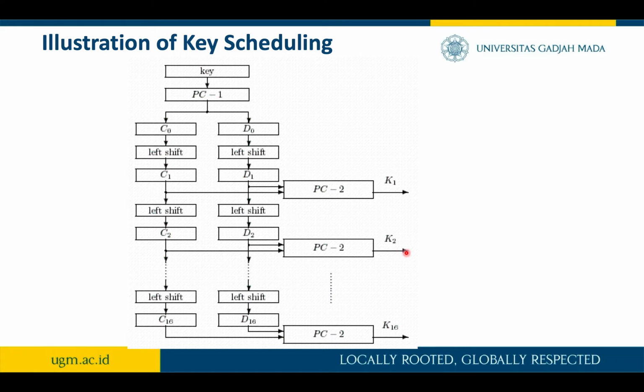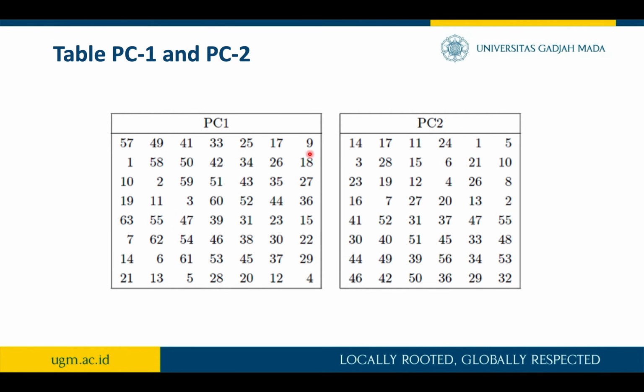That's how we do the key scheduling algorithm. I think this is pretty easy. These are tables PC1 and PC2. We already discussed when we use PC1 and PC2.